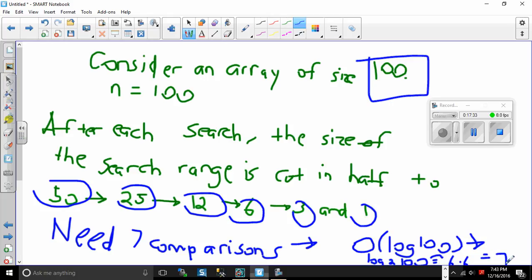So they match. And note that 2 to the 7 is equal to 128. Basically, that would be the least upper bound on the number of visits for a binary search of 100 elements. So it would be this log base 2 thing.